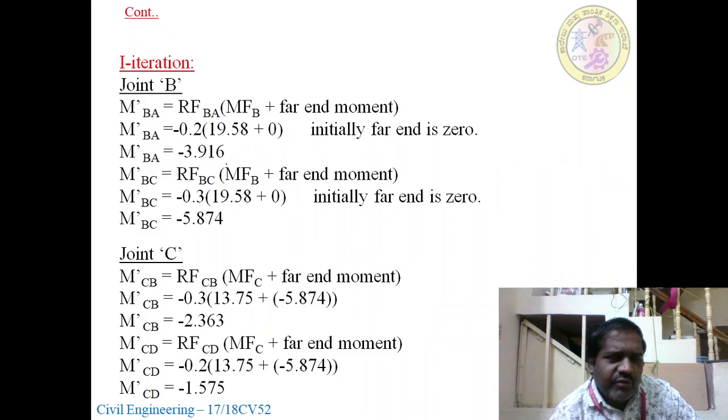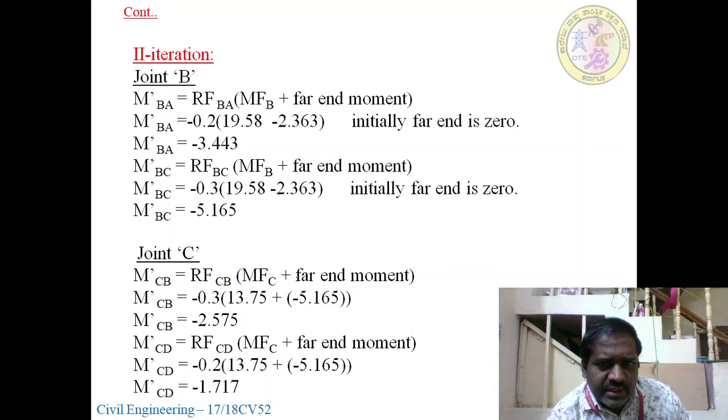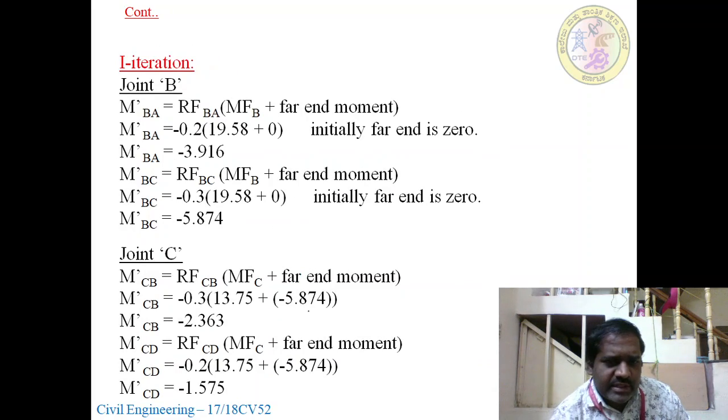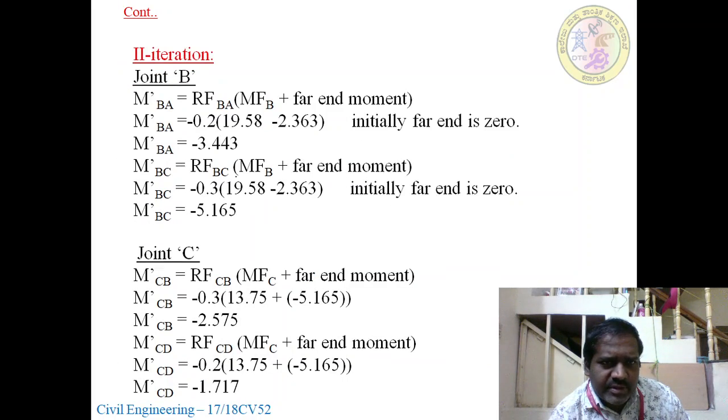So what we have followed for the iterations, first iteration, second iteration, is for joint B as well as joint C. Here 0.2 multiplied by the MFB far end will be 0, the far end will be 0 in the next case. The far end is 5.874, so you will get these values.